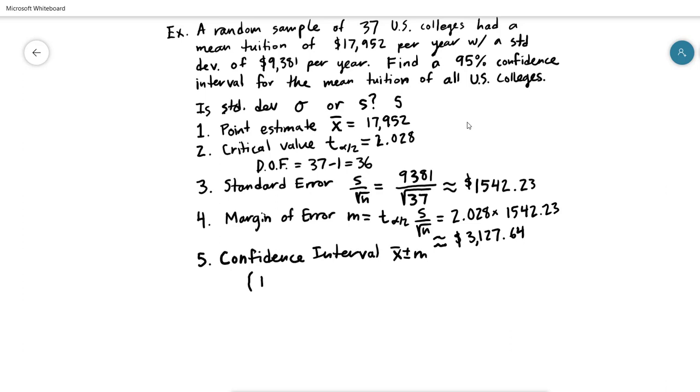So 17,952 minus the margin of error that we just found, which is 3,127.64, and up to 17,952 plus 3,127.64.